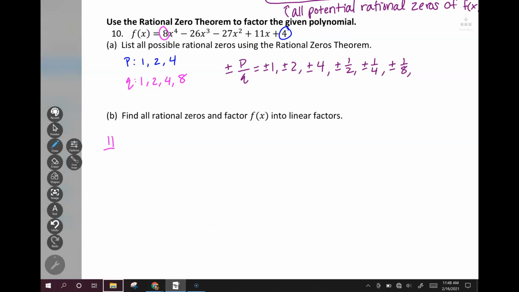I'm just going to start with 1. 1 is easy. Now you're going to do synthetic division to check to see if 1 is a 0 of your polynomial. And remember, that means you're looking to see if the remainder is 0, right? If the remainder is 0, 1 is a 0.